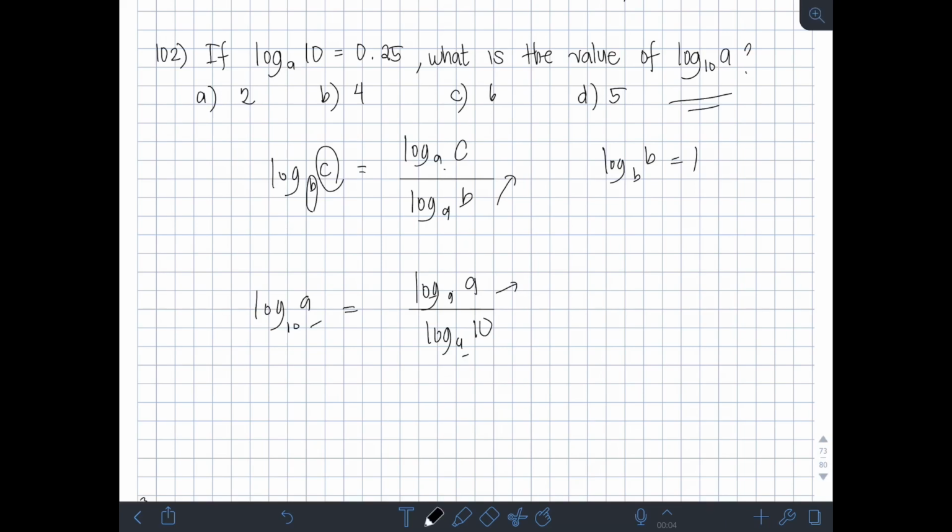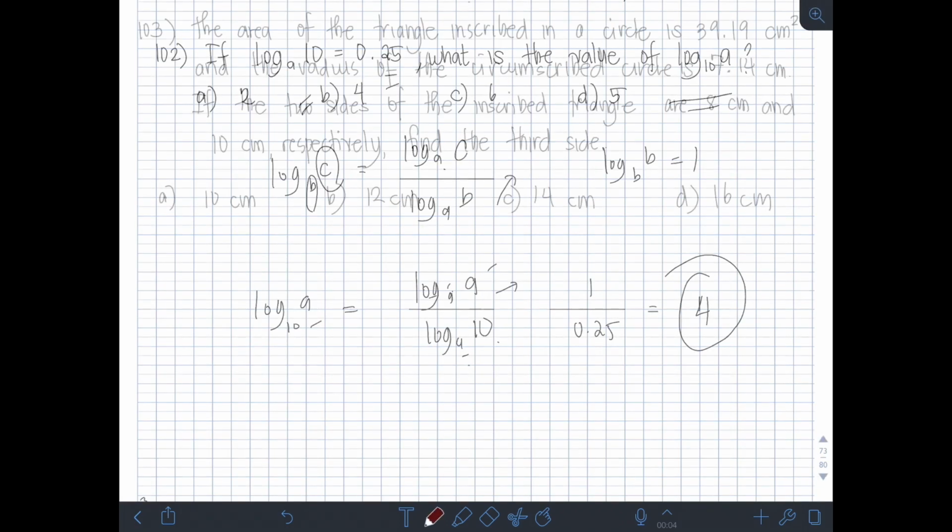So, therefore, itong logarithm of A with the same base A then is 1 over, so meron tayong value nito, right, yung logarithm of 10 base A is 0.25. So, 1 over 0.25 or 4. So, therefore, the answer is B.